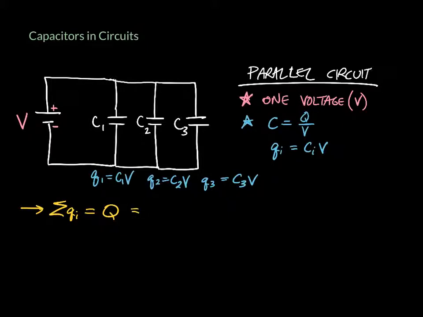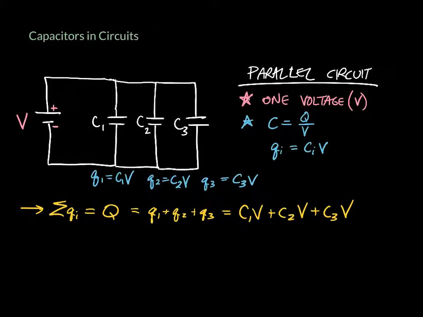And so if I just come in here and say, well, this is going to be Q1 plus Q2 plus Q3, which is necessarily going to be capacitance 1 times the voltage plus capacitance 2 times the voltage plus capacitance 3 times the voltage.